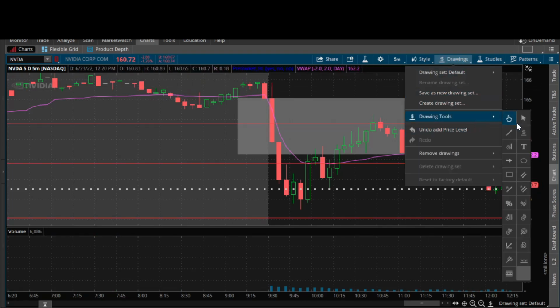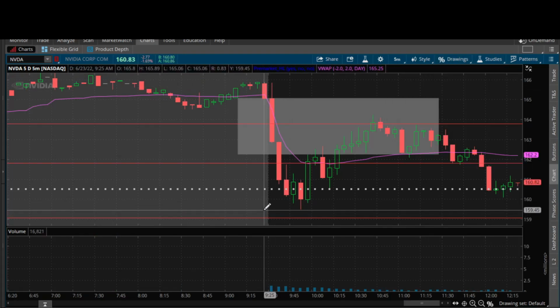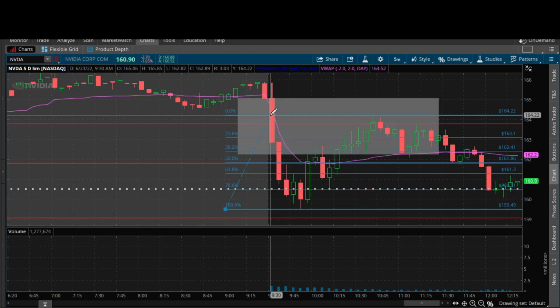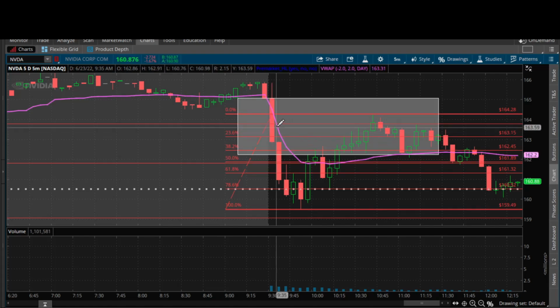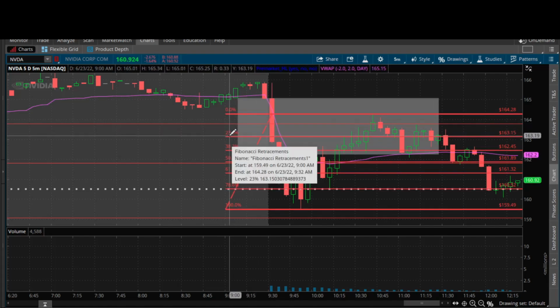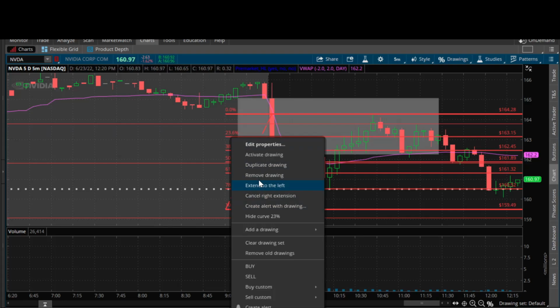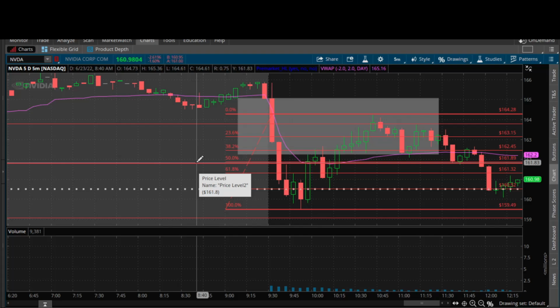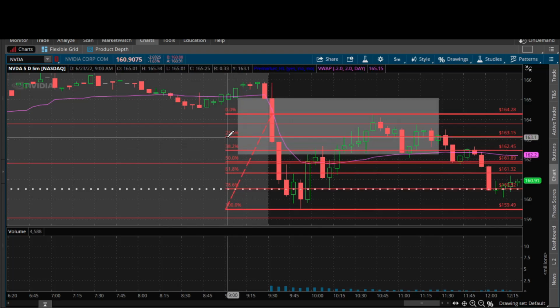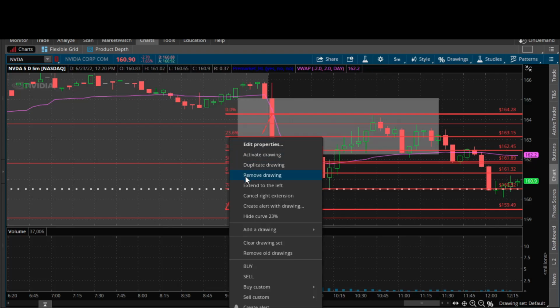Take your Fibonacci again, from the low after we purged that sell side liquidity to the high, same deal. 50% is right here. All right, so you could be aggressive. Now I didn't, let me see. Yeah, just barely. So I took profits just barely above that 50% equilibrium.